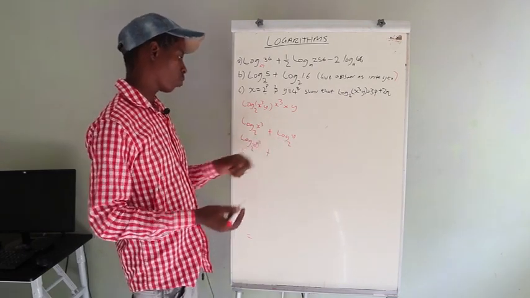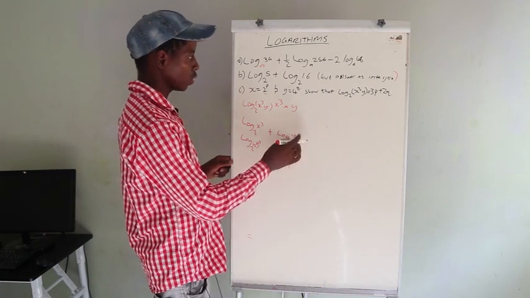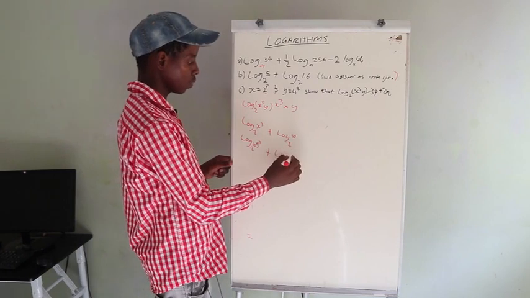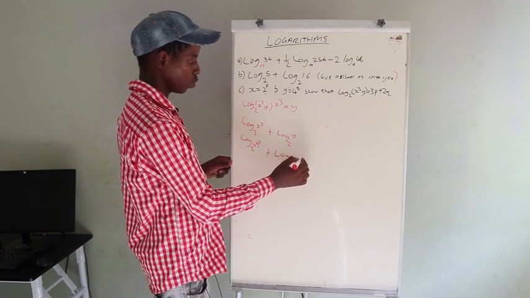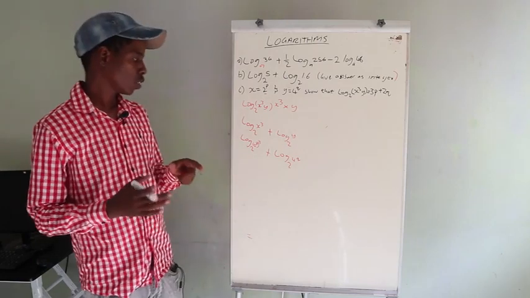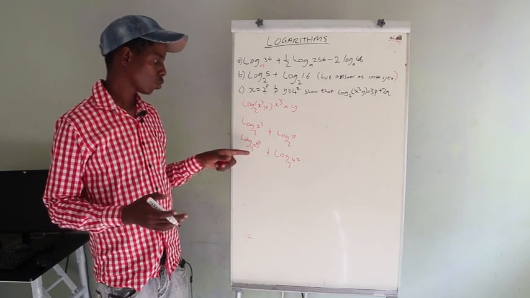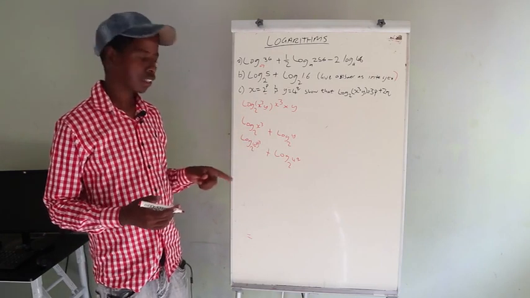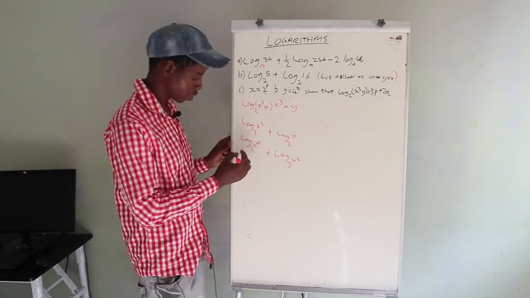And then we have log 2, what is our y? y is 4 to the power q. So we need to rewrite this again. We're going to take this 3 and place it here.